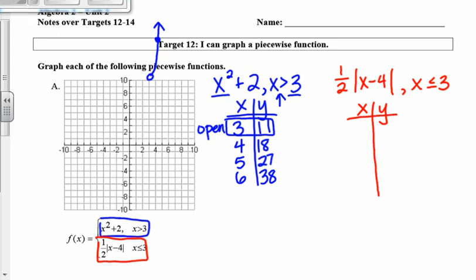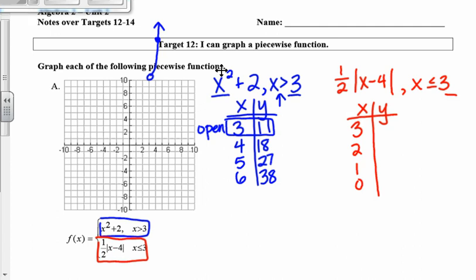Remember, I started my xy chart with whatever that number is, which in this case is a 3. Then read your inequality. Your inequality says x is less than or equal to 3, so I'm going to pick some numbers that are less than or equal to 3. Then, just like in the first case, I'm going to plug these numbers in for x and see what I get out.